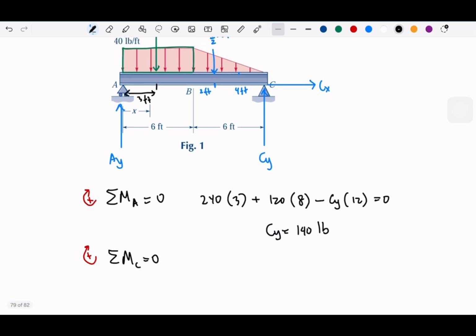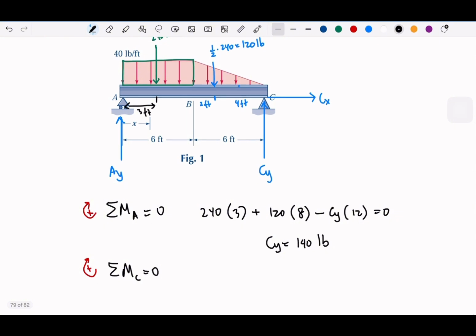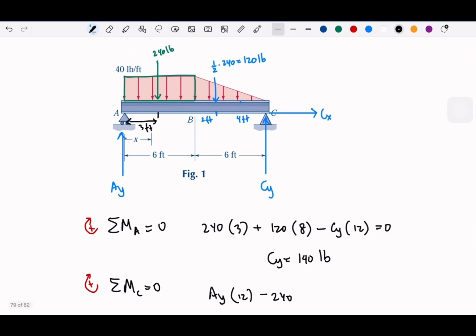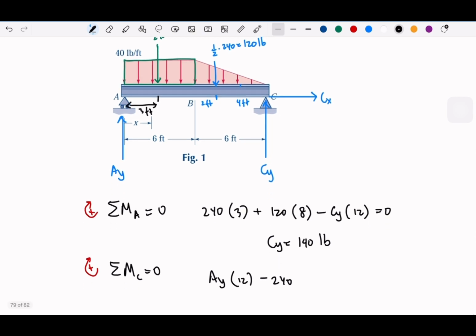So about C, we have Ay times 12, and then negative 240 times 3 and 6, which is 9, and then negative 120 times 4.